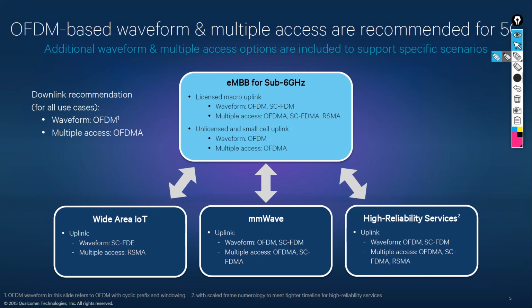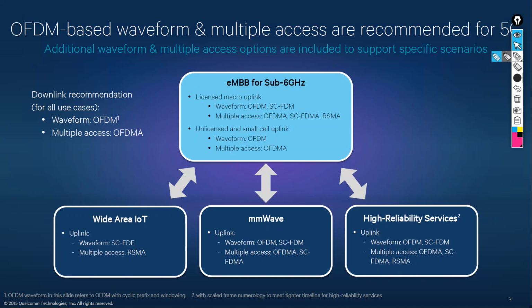Additional waveform and multiple access options are included to support specific scenarios. So you are not limited only to OFDM, but you can also use some other waveforms which are basically related to OFDM. We call them the OFDM family, all the waveforms that use OFDM. In downlink, we recommend using OFDM, and as a multiple accessing scheme, you can also use OFDMA.